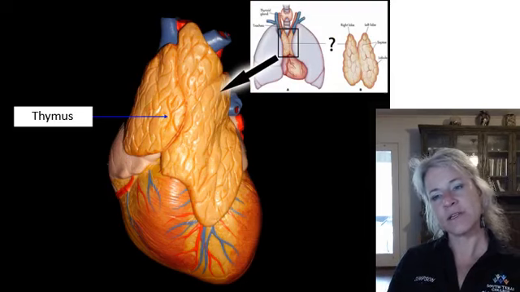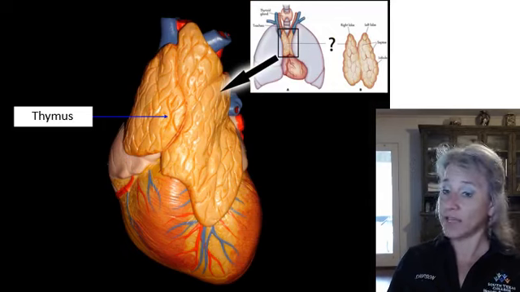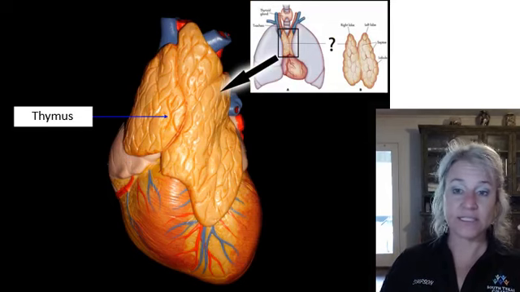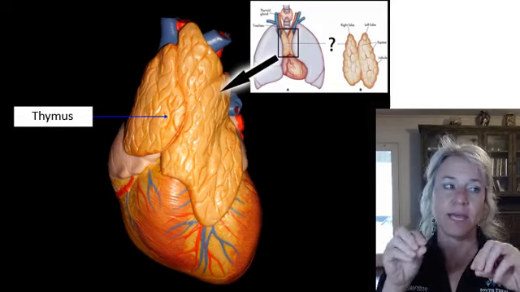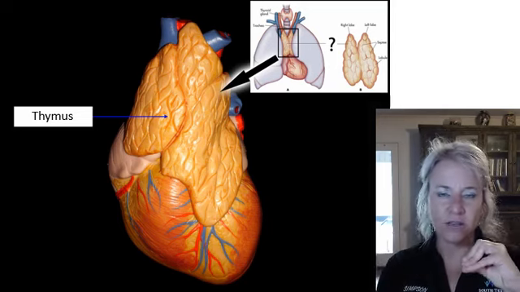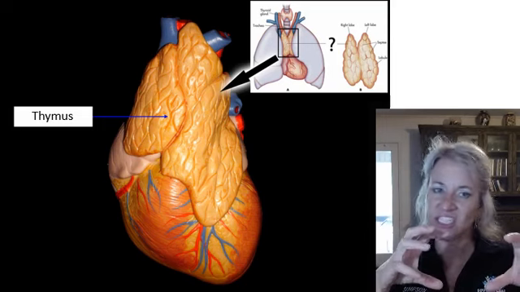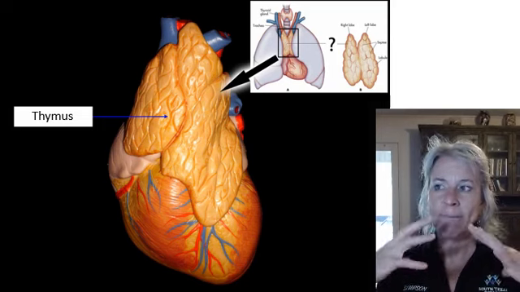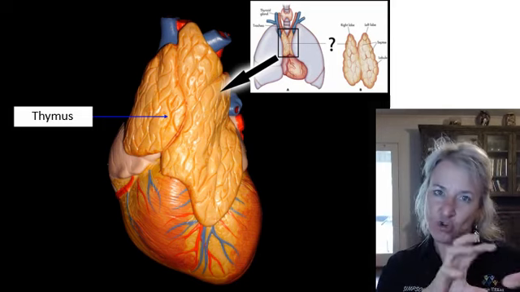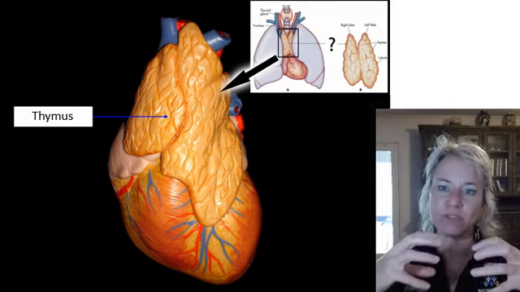Okay, the thymus. You are born with a thymus. You absolutely have to have a thymus. It's considered a vital organ. It is going to set up your immune system. It makes those original antibody producing cells, the cells that can respond to foreign antigens, make antibodies to attack and destroy them.